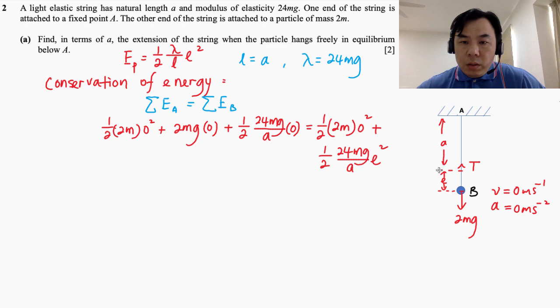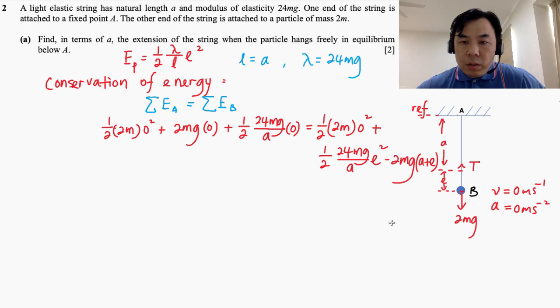And at the same time, there is also gravitational potential energy. Right, now that depends on your reference also. So take for instance, if we put this as our reference, then our gravitational potential energy would be 2 mg times h, and the h itself will be a plus e here.